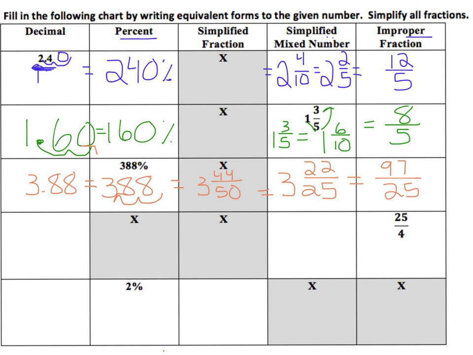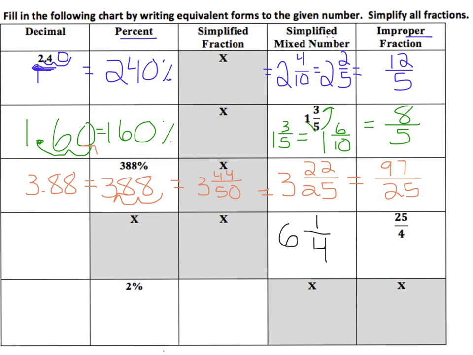All right, next one. Starting with an improper fraction, how many times does 4 go into 25? It goes in 6 times. 6 times 4 is 24, with 1 left over. So 6 1/4. Now we have to write the decimal.